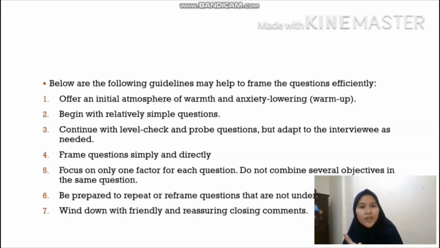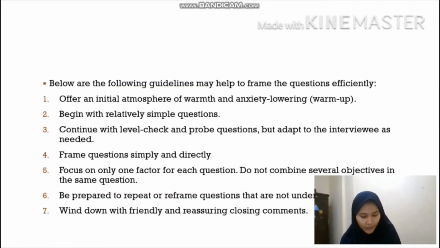But however, interviews have multiple objectives, so it is quite difficult to generalize principles for conducting interviews. But don't worry, the following guidelines may help teachers to frame the questions efficiently.